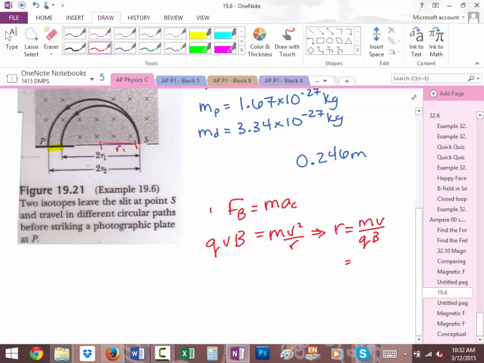What do you get for R1? 0.104 is what it should be. If you didn't get that, figure out why not, because this should not be a hard thing. And R2 is just twice that, 0.209.